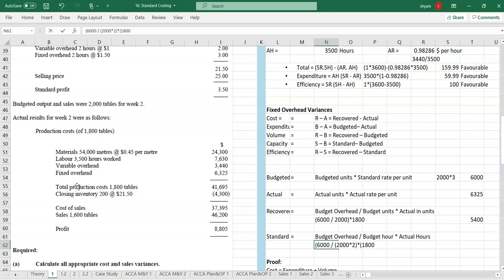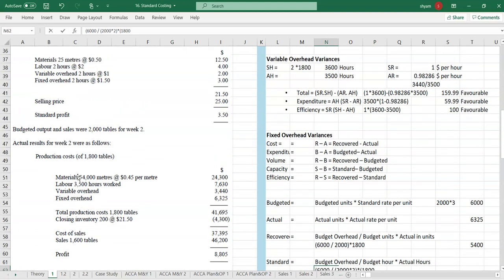As actual hours is not available, we'll better take the labor hours itself, because there's no other fixed overhead hours available. Labor hours and variable overhead hours are the same, and fixed overhead is also the same. Here labor is 2 hours, variable is 2 hours, fixed is also 2 hours. So they're all equal. So 3500 here for labor, for variable and fixed overhead.